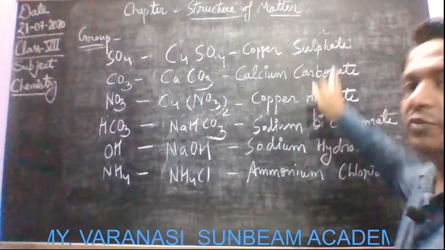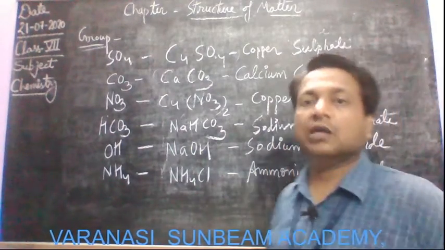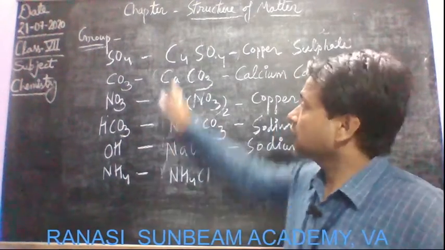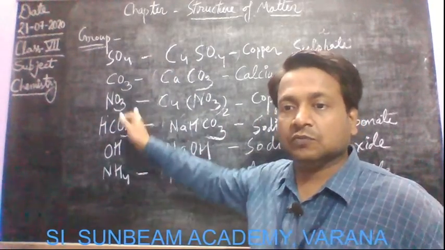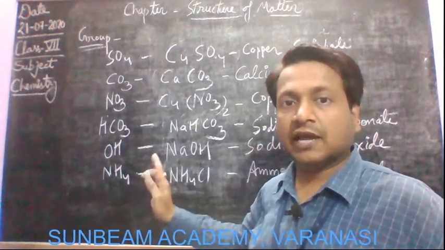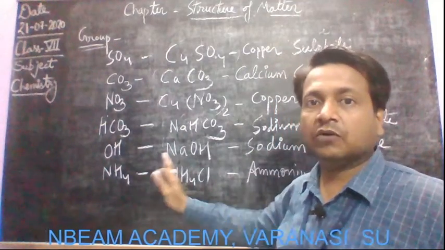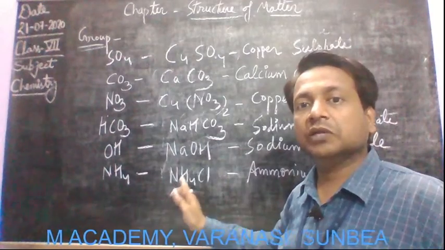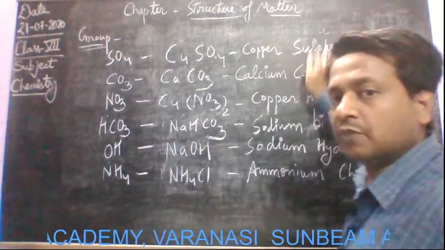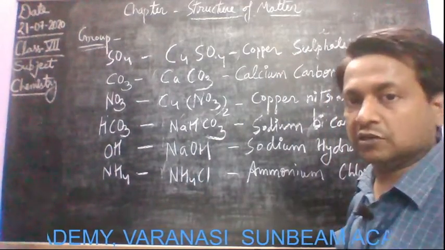These are some examples of compounds formed by certain groups. I hope that you understood the meaning of groups and how they play a role in forming a new compound, another compound.